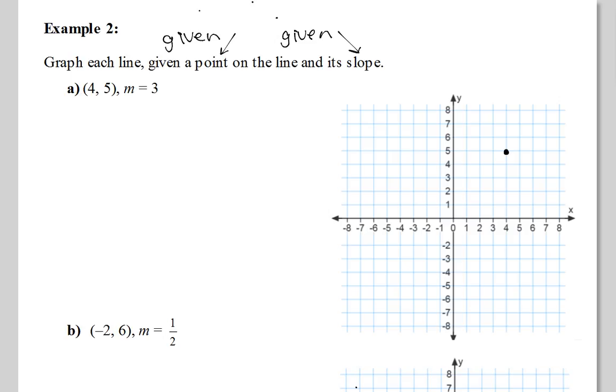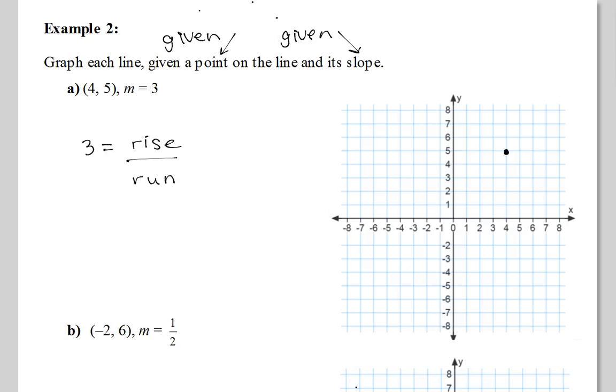Now, how could we generate the next point? The slope is 3. So what does that mean? 3 is equal to rise over run. So which one's the rise, which one's the run?